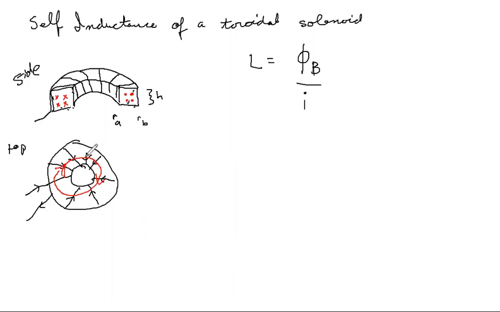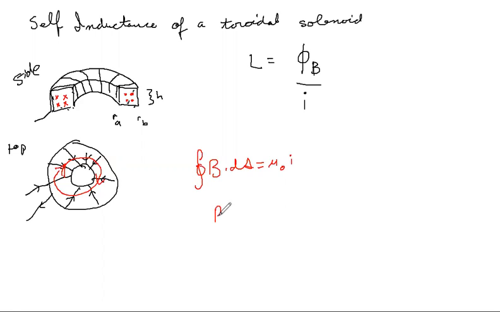I can use Ampere's law to find a formula for the magnetic field in the body. I would find the integral of B dot ds around the loop equals mu naught times the current that crosses that soap bubble spanned by that loop. That's pretty easy because that's just N times the current in each wire.